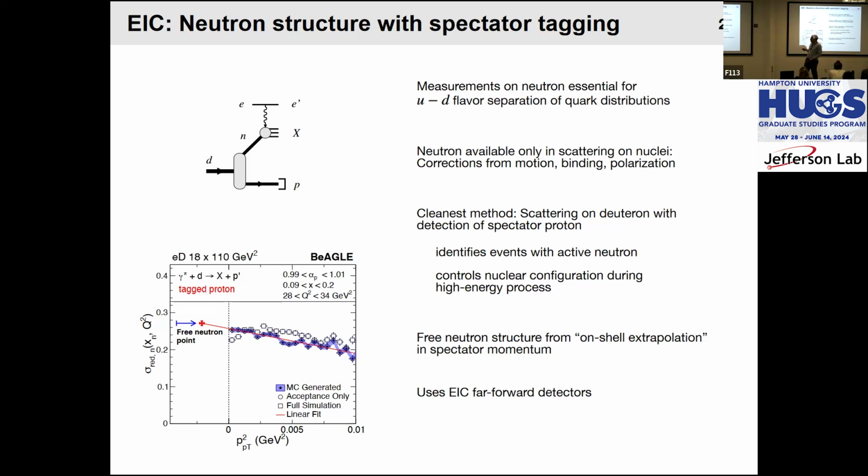And this can actually be done with the electron-ion collider. So we can measure the structure functions of the deuteron with spectator proton tagging, and then plot them as functions of the transverse momentum square of the spectator proton, and then take out some kinematic factors and really do the extrapolation into the unphysical region where this neutron is on mass shell and we get the free neutron.